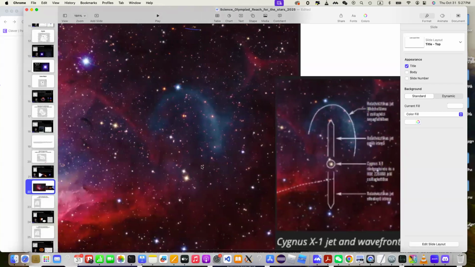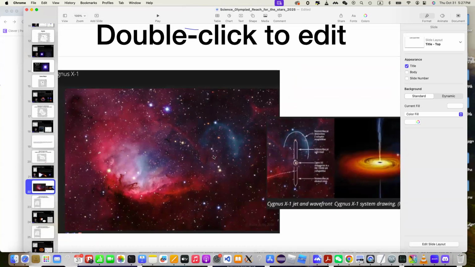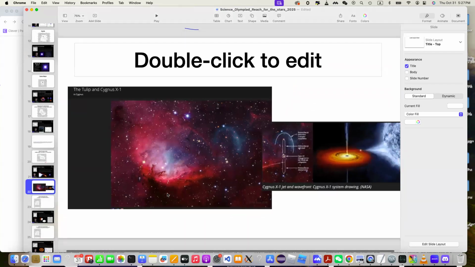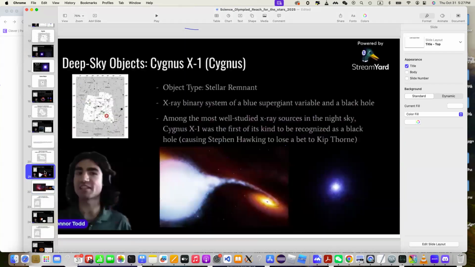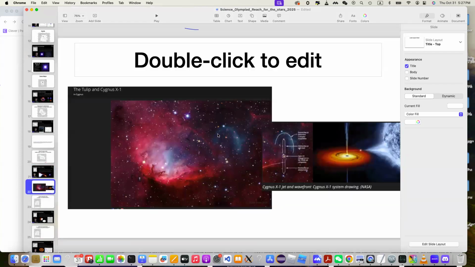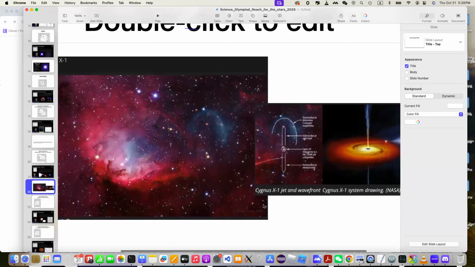So this is the overall image. When you see a bow like this, you know that this is Cygnus X-1. This is the feature that you are looking for. That is the wavefront.